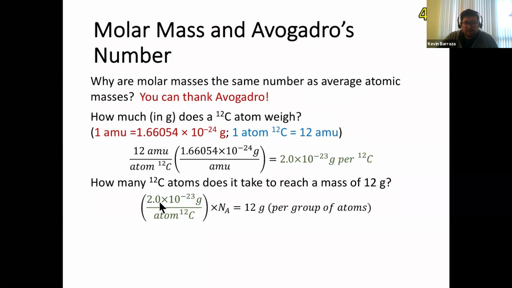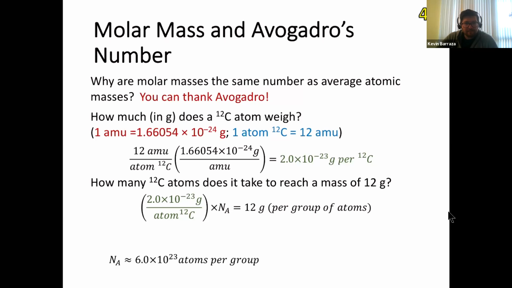Now I ask myself, how many particles does it take to reach a weight that matches in grams? For carbon, how many particles do I need to get to 12 grams? That would be equivalent to solving for this Na value.